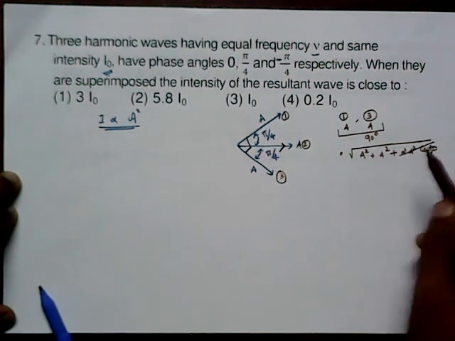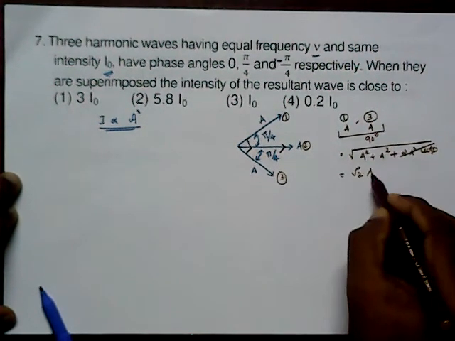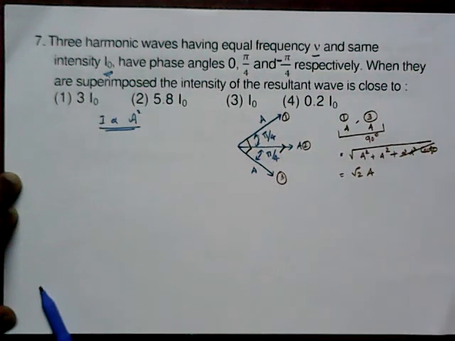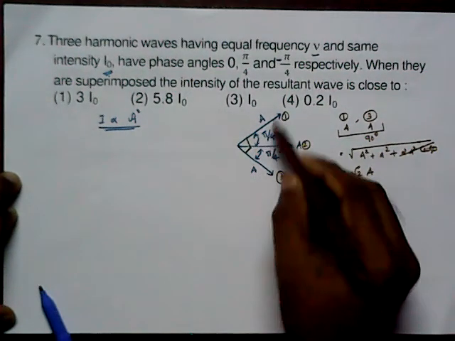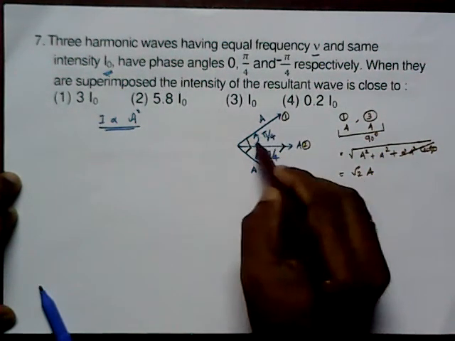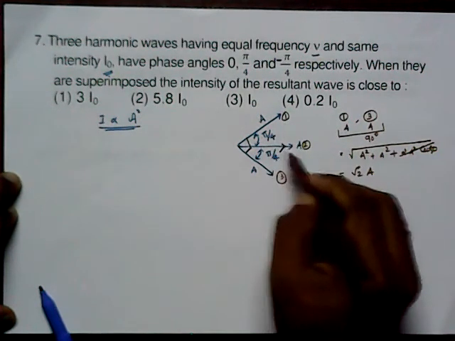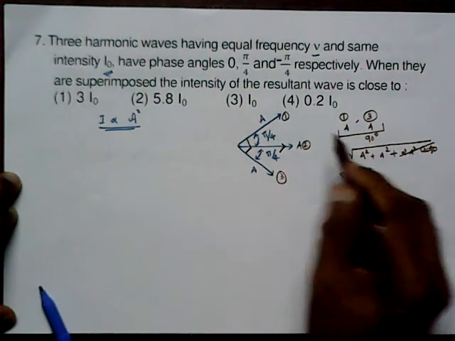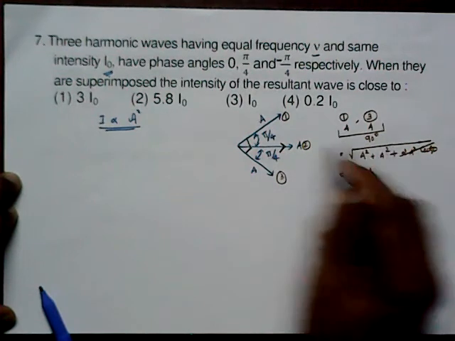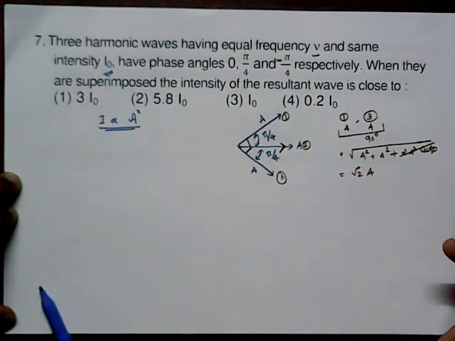The cos 90 factor becomes 0. So you get the value as root 2 A. They have the same amplitude, and hence the resultant must point diagonally, at equal separation, and hence in the same direction as the second one.